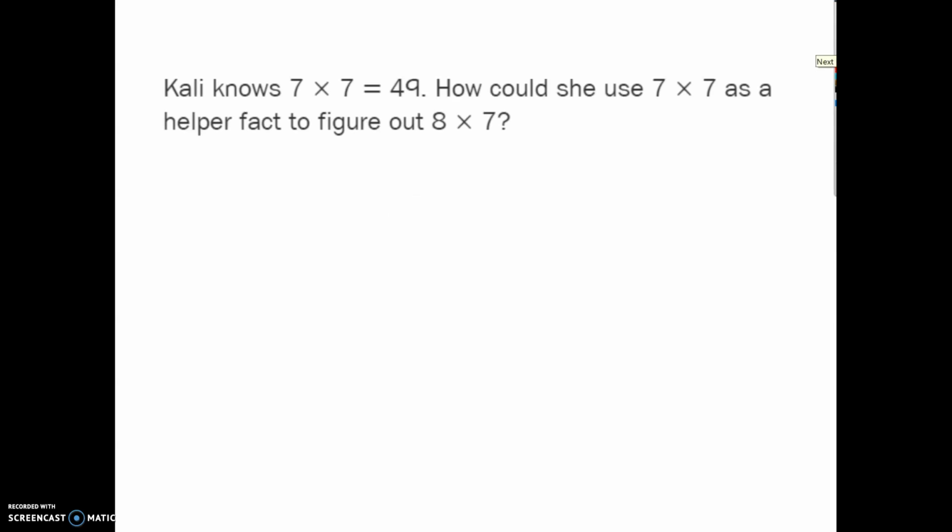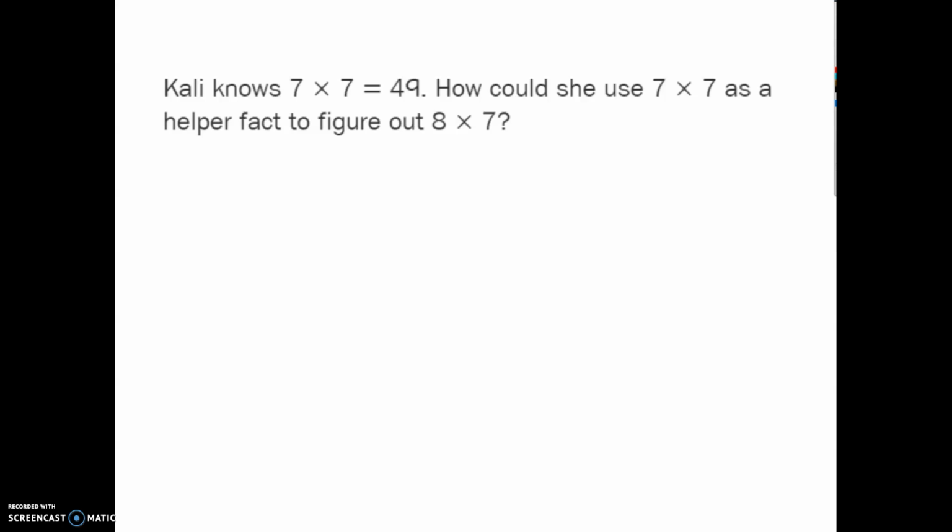Okay. We're going to work on our math message here. So, Callie knows 7 times 7 equals 49. How could she use 7 times 7 as a helper fact to figure out 8 times 7?